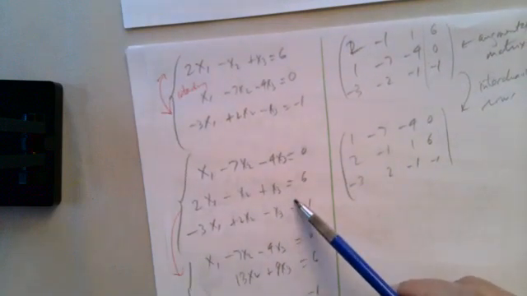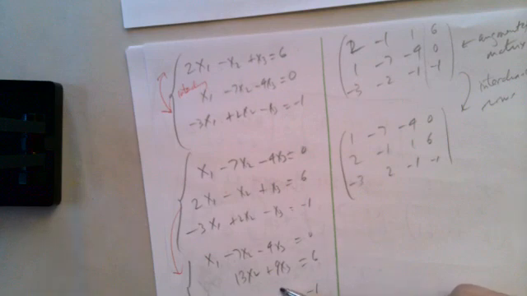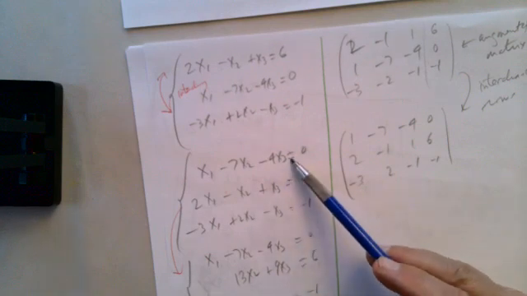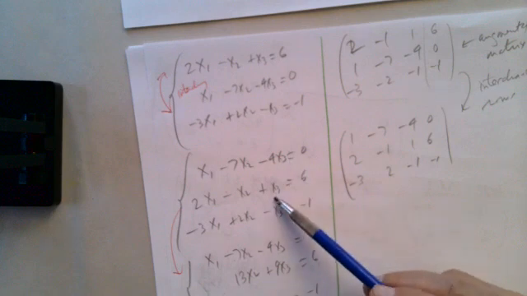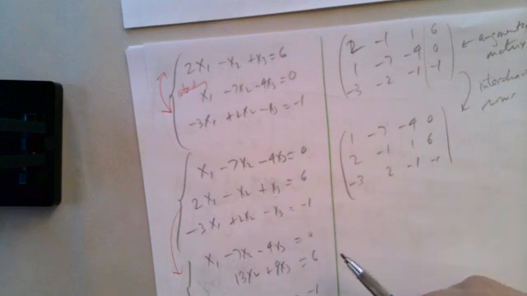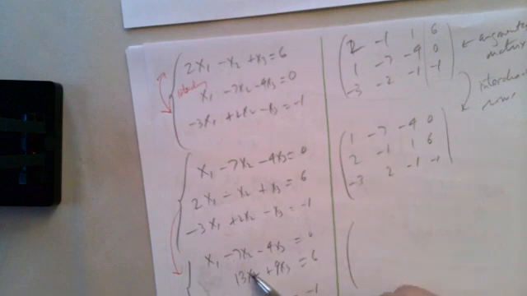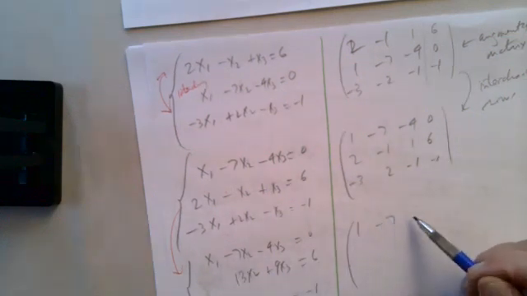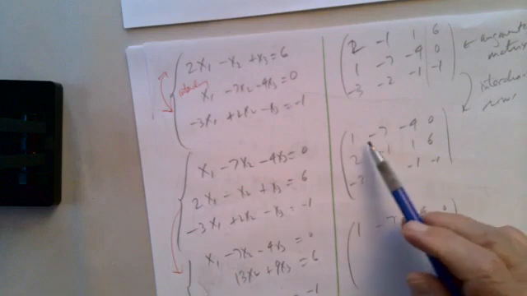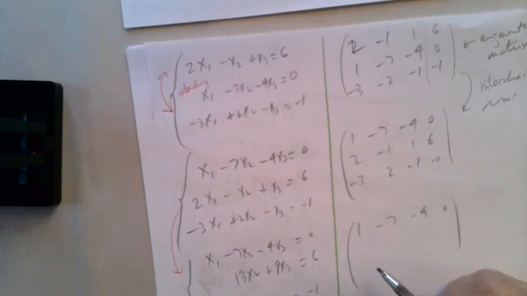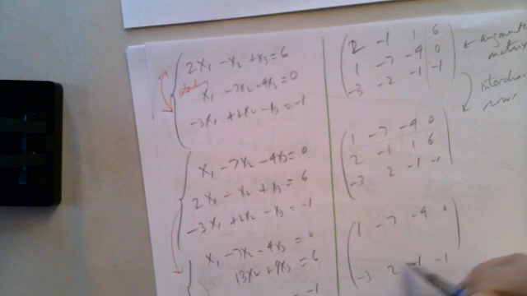Now, how do we get from these equations to these equations? We multiplied the first row by -2 and added it to the second row. So in this system, what is the matrix? 1, -7, -4, 0. Same first row. -3, 2, -1, -1. Same second row.